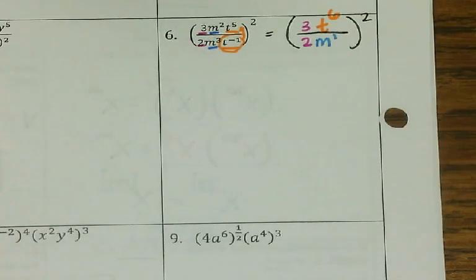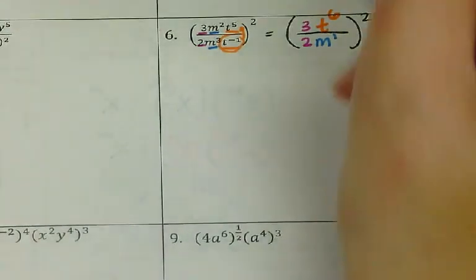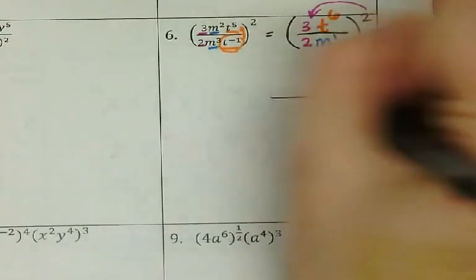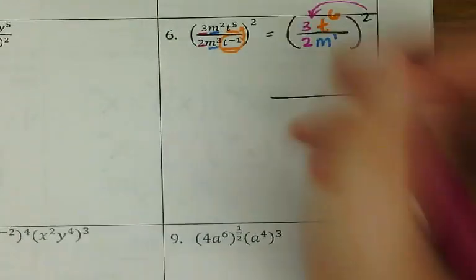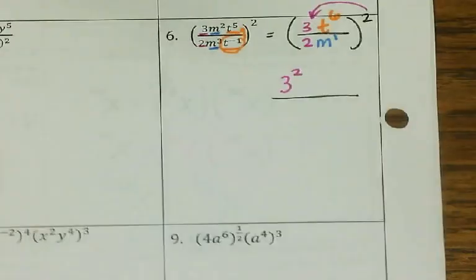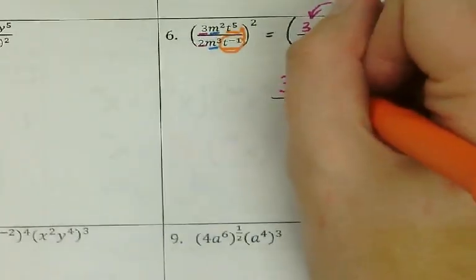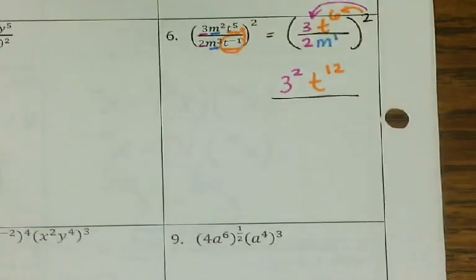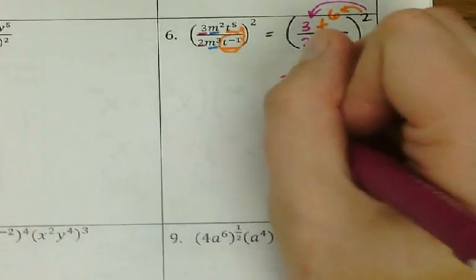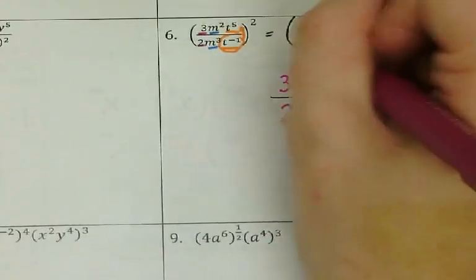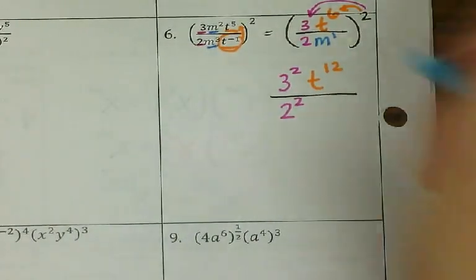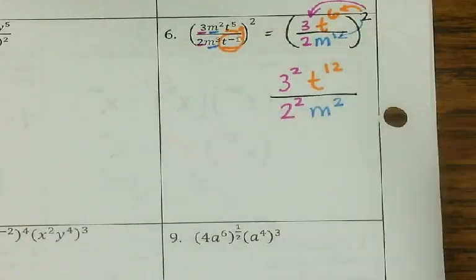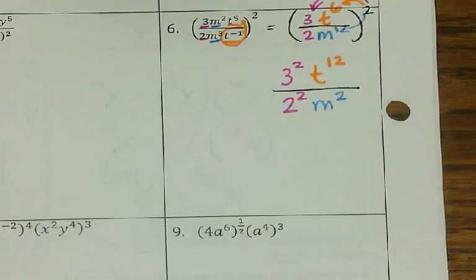Now we can do the power to power rule. Okay? So if we do our lovely little power to power rule, remember, we are going to raise that. That is going to be 3 to the 2nd power. And then it's going to be t to the 12th over 2 to the 2nd power over m to the 2nd. All right?